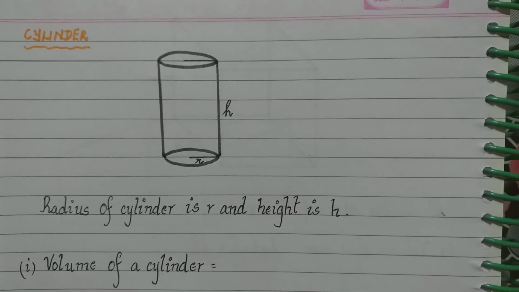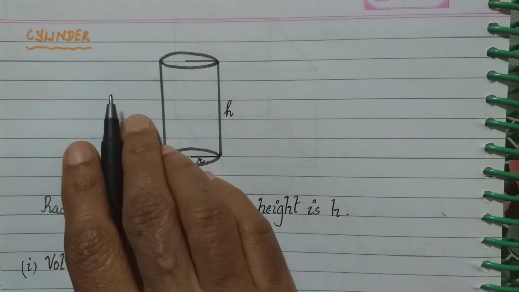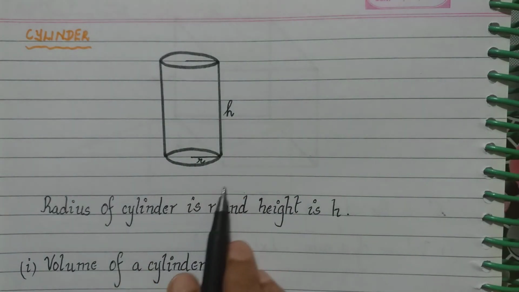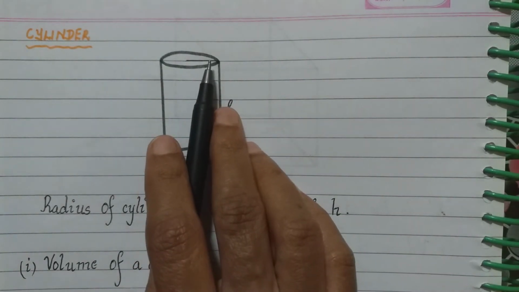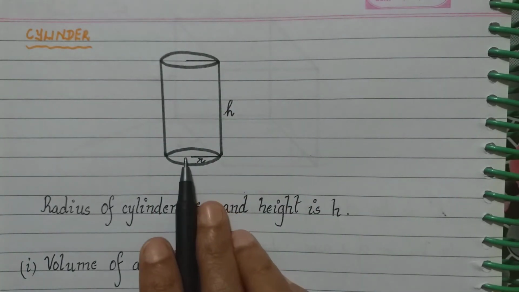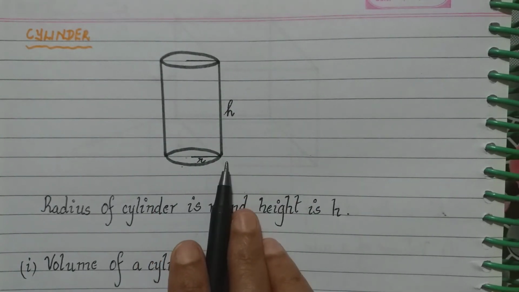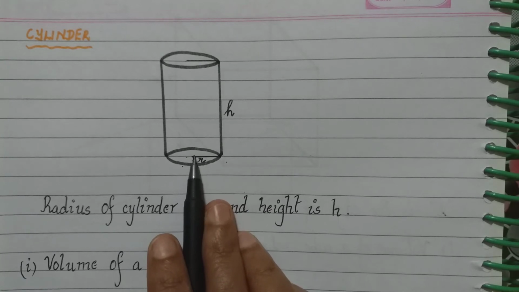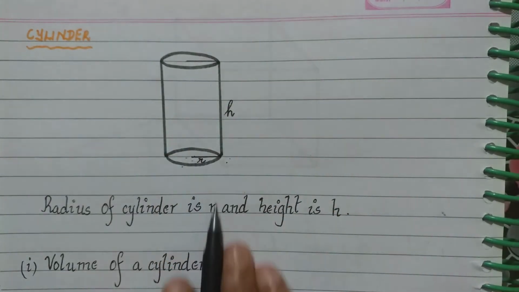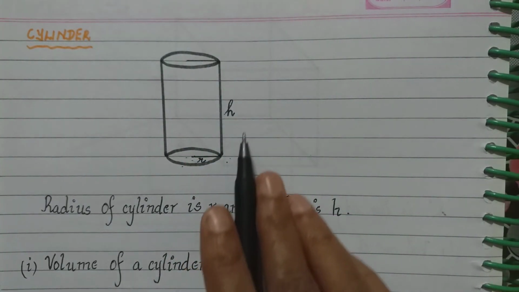Now the third figure we learn about is a cylinder. The cylinder has a top and bottom which are circles, and so this top part and the bottom part will also have a radius of their own, which is the distance from the center to the circumference of the circle. We also have the height of the cylinder.